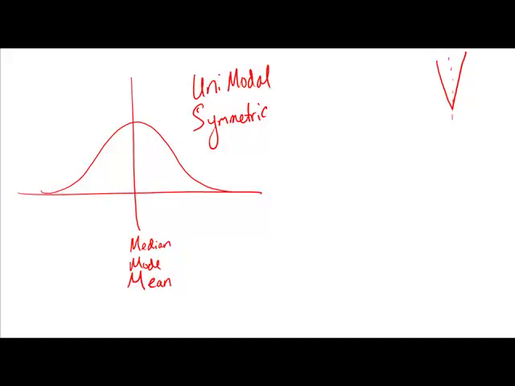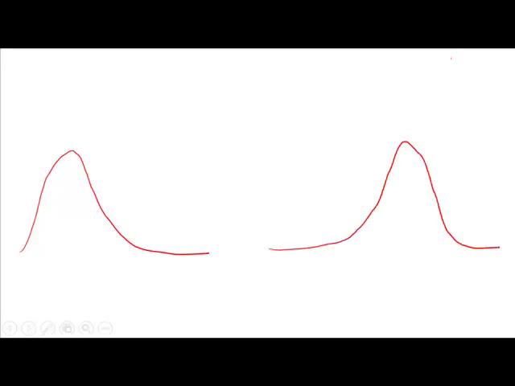What happens is that you can have a skewed distribution where our curves are not symmetrical.